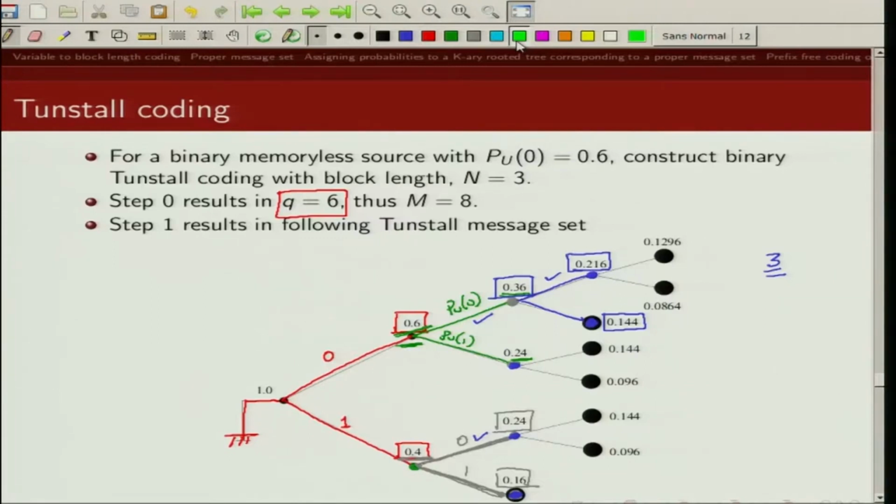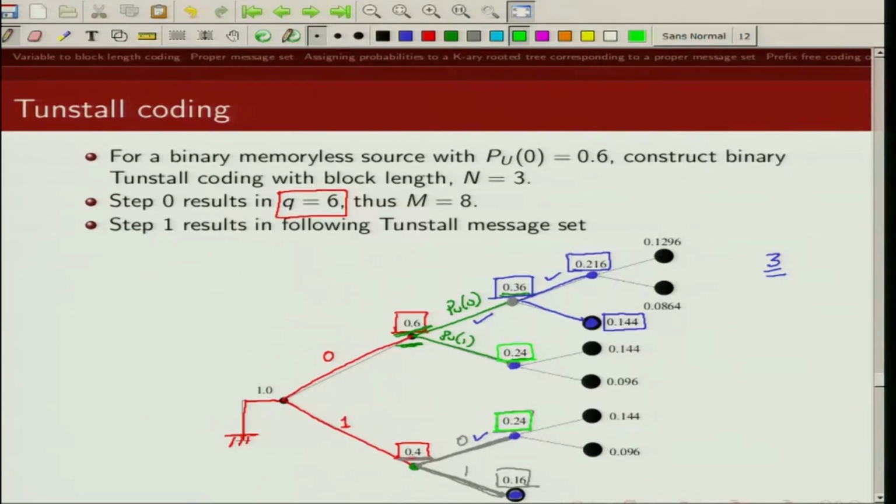Now, among the leaves that are left, we can see this has probability 0.24 and this has probability 0.24, and these are the two most likely leaves. So for the fourth extension, we should be extending one of them.